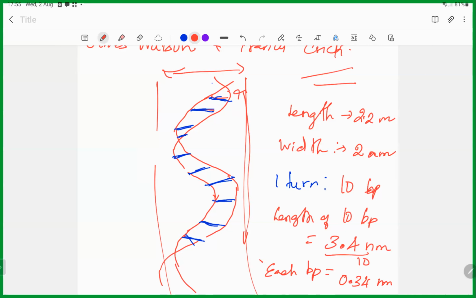Can you understand? So this distance is 0.34 nanometer. The entire distance is 3.4 nanometer, one turn. One turn equals 3.4 nanometer. Can you understand?